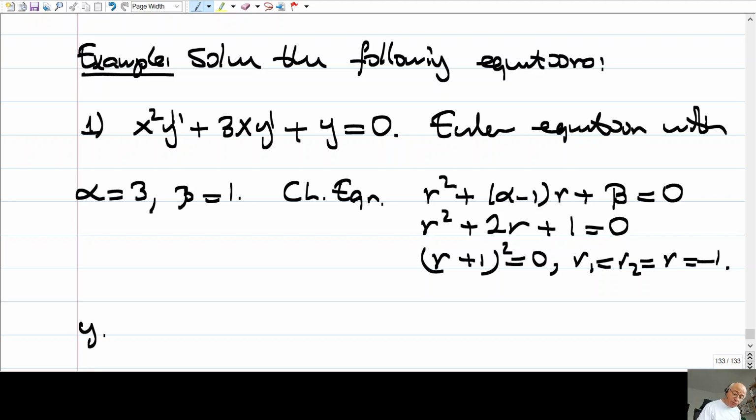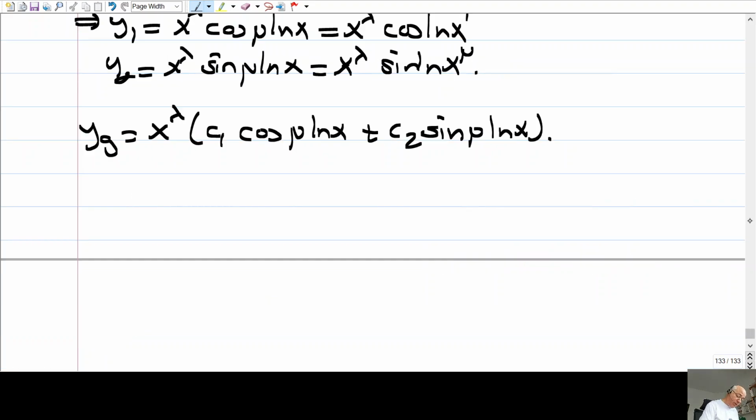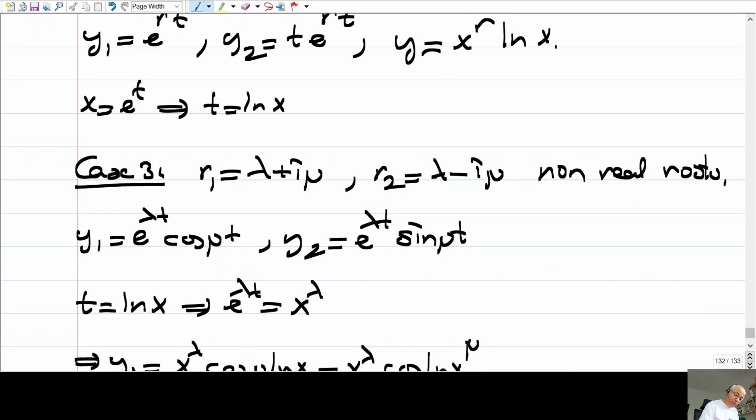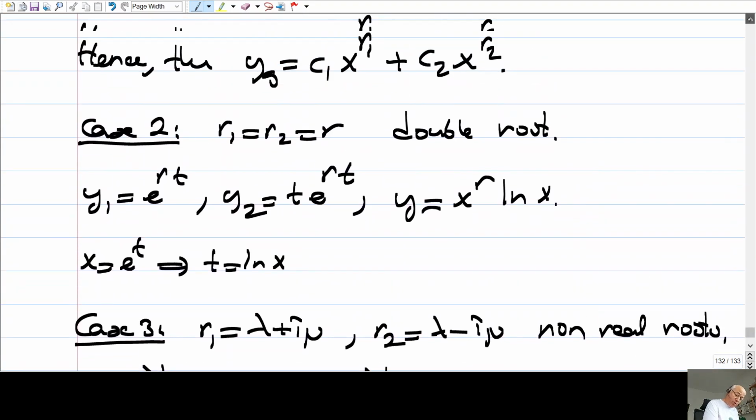Therefore, what was the solution in the case of double roots? The general solution was C1 times y1 plus C2 times y2.